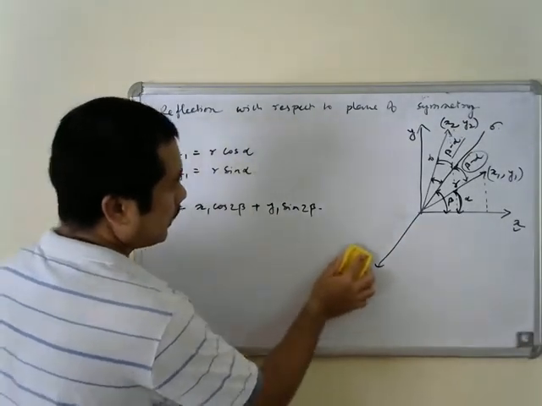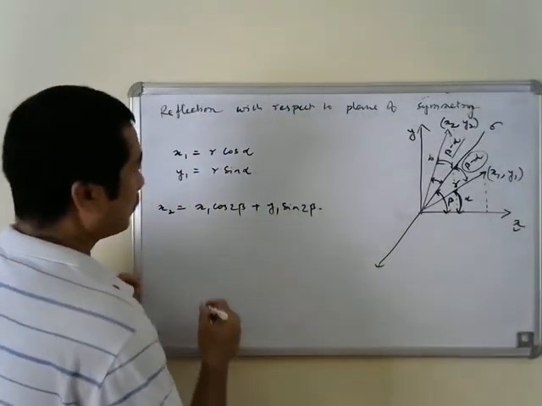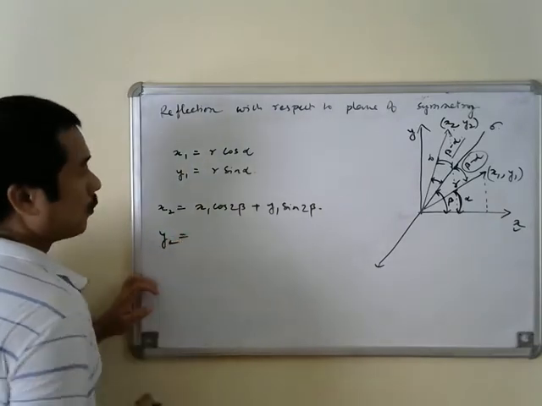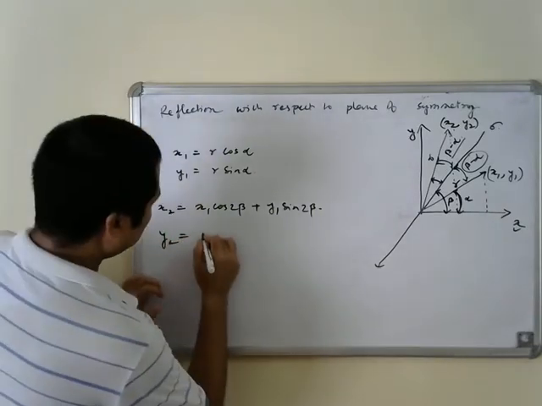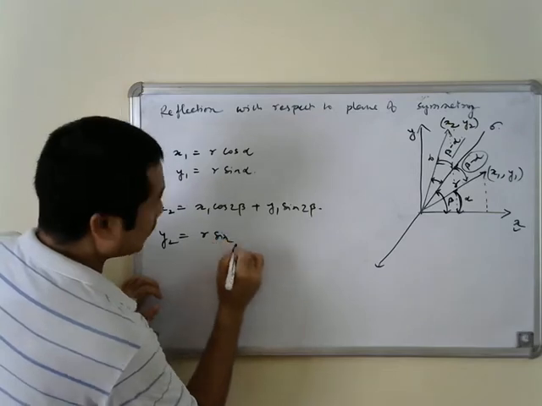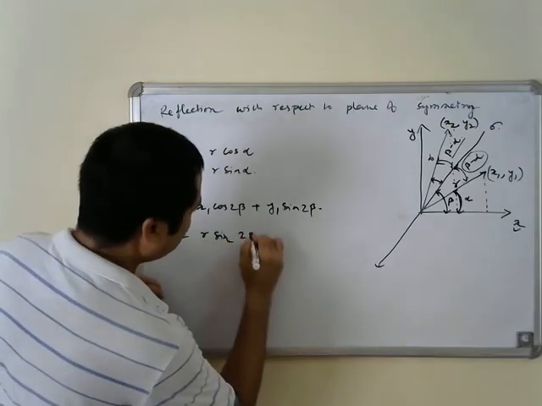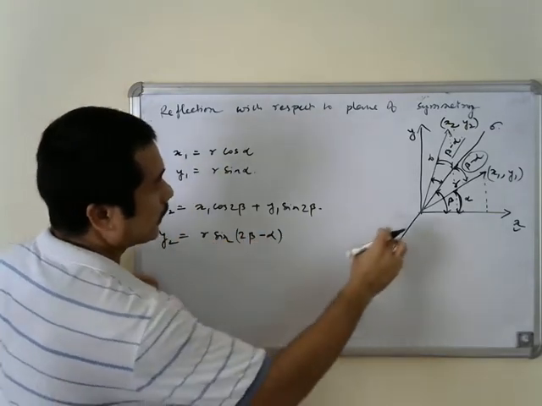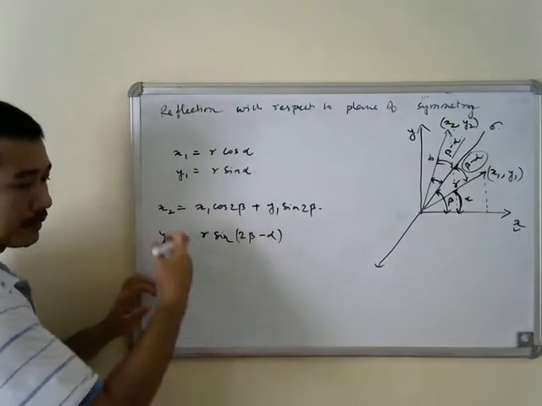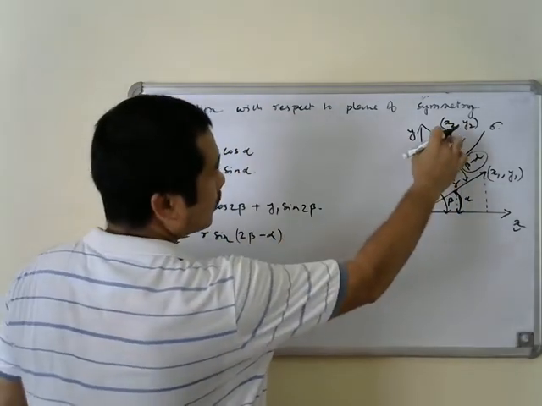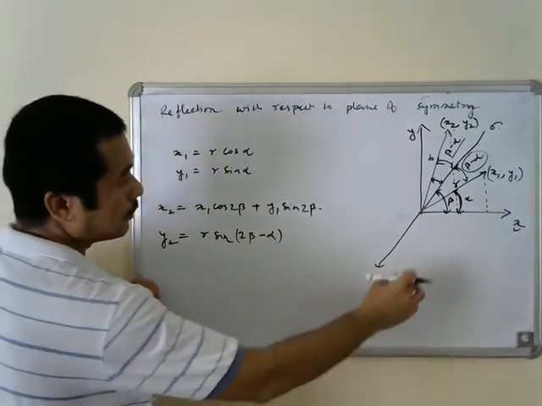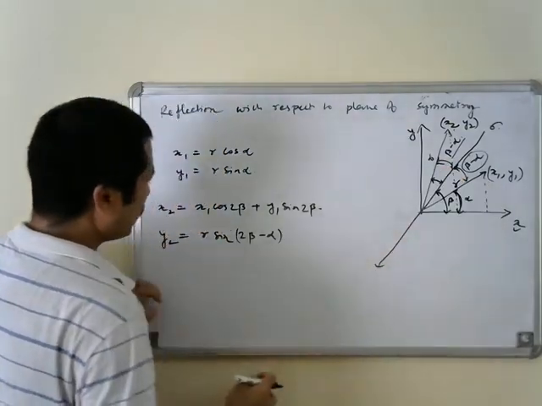So let us now write what y2 is equal to. y2 will be equal to r sine 2 beta minus alpha, because the angle is 2 beta minus alpha. We have seen earlier the total angle from this vector to the x-axis, the opposite side of the right angle triangle that we draw with the x-axis.